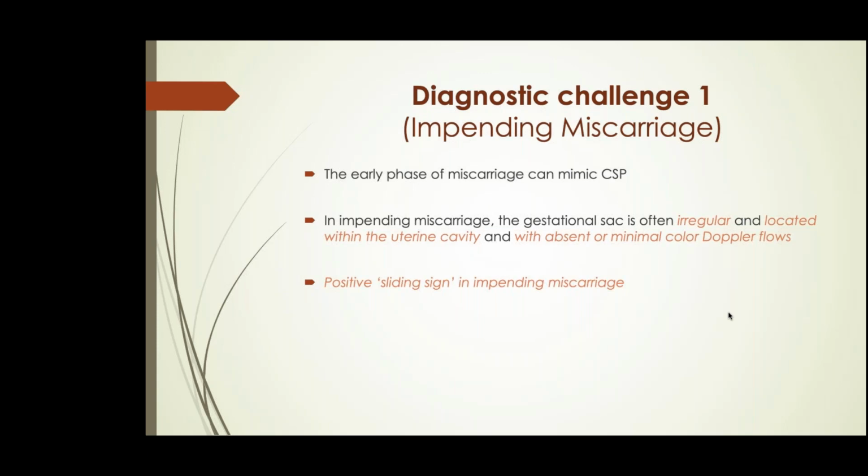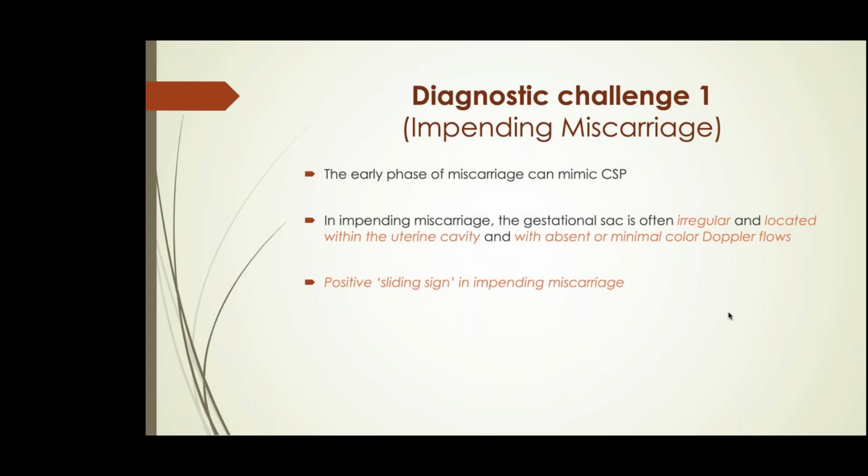The sac will not be a regular sac as in cesarean section scar. It will be irregular, and it will be located within the uterine cavity, so it is not inside the cesarean section scar. And the blood flow will be absent or minimal, because it is already detached from the endometrial cavity and going outside.